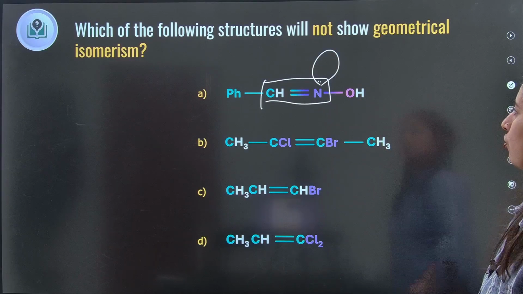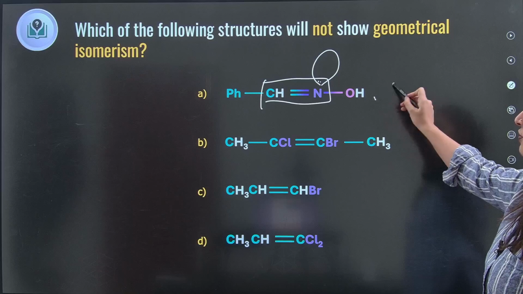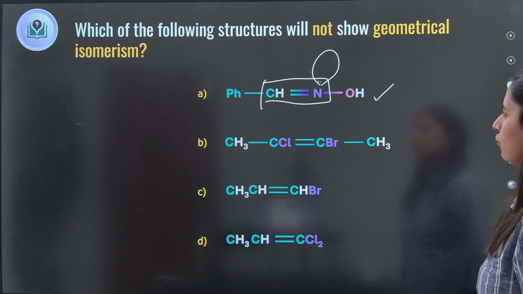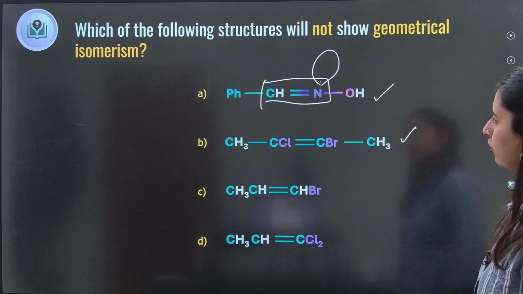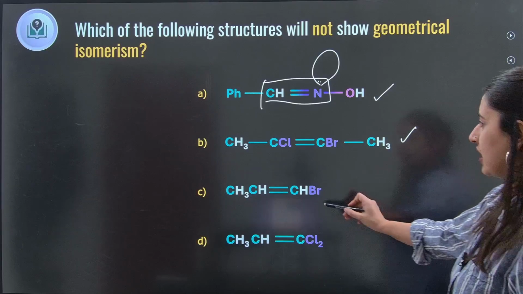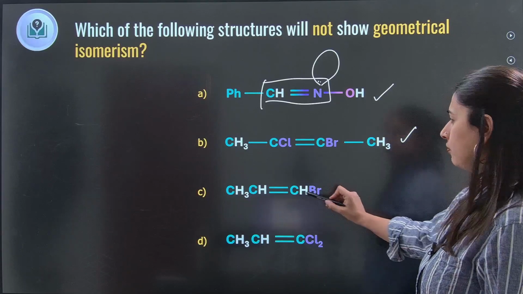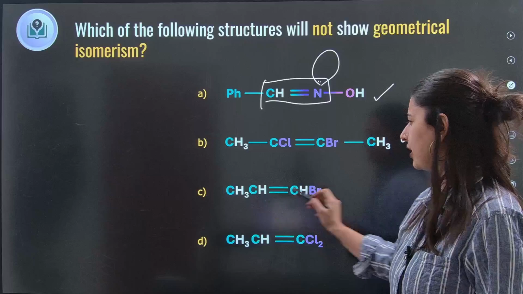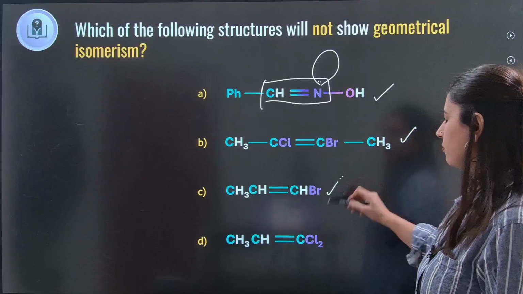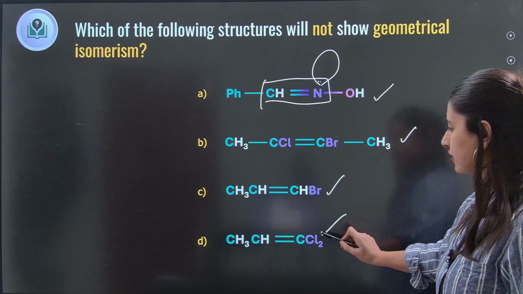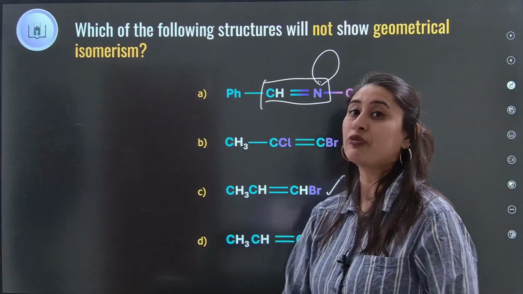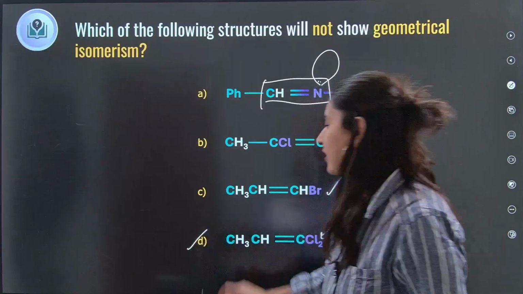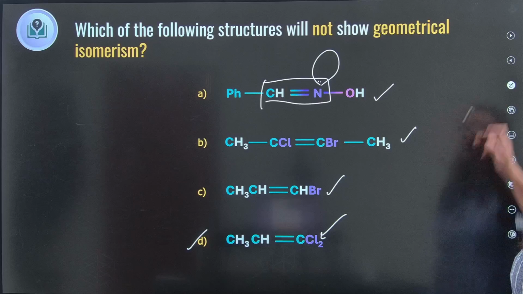So these oxime kind of systems will show geometrical isomers. This doubly bonded system, different groups will show. Here also you have H and Br, CH3 and H, different groups, doubly bonded system will show. But the moment you see 2 same groups on either side of the restricted system, that will not show GI. D becomes the answer for this question.